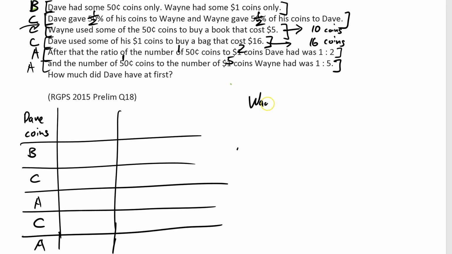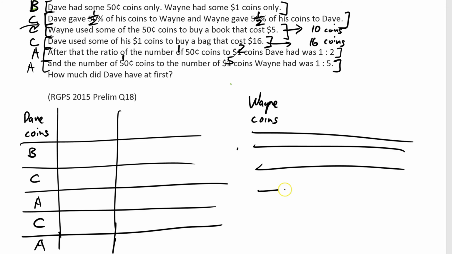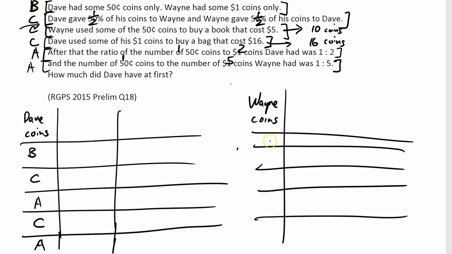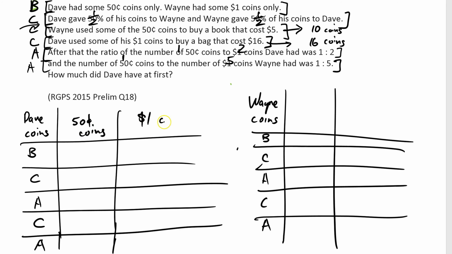Then you have Wayne's number of coins. So it's also BCACA. Okay, this one is your 50-cent coins, $1 coins. So 50-cent coins and your $1 coins.